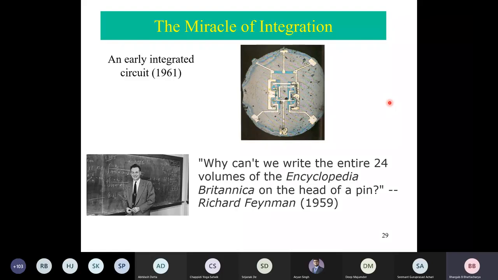In some subsequent slides, I will show you how this computer revolution has progressed and how this integration has become more and more compact, so that you can encapsulate more and more transistors on a small piece of silicon.